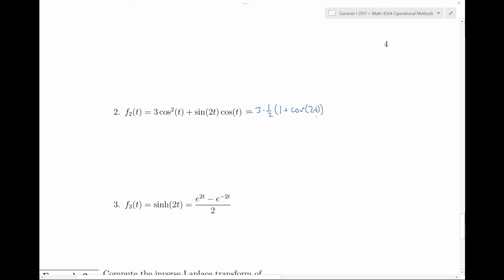Well, what about the sine 2t times cosine t? Well, that can be converted into 1/2 of sine of 3t plus 1/2 sine of t.